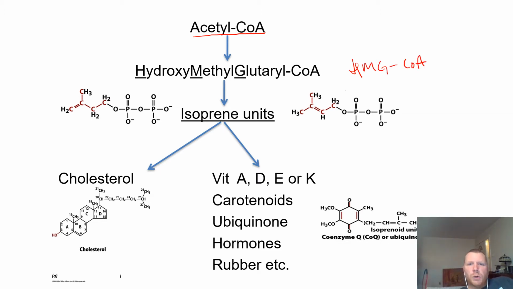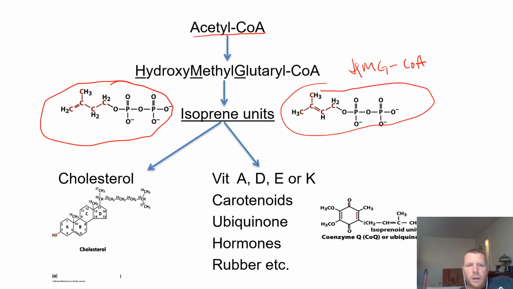That HMG-CoA is going to be used to make isoprene units. These are two examples of isoprene units. Actually, these are identical. These are both isoprene units. The difference between them is the placement of that double bond. These isoprene units are five-carbon structures with 2 phosphates.